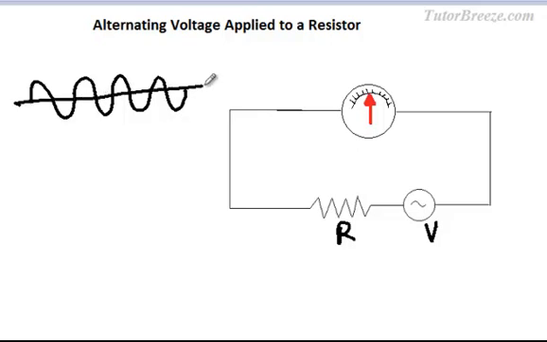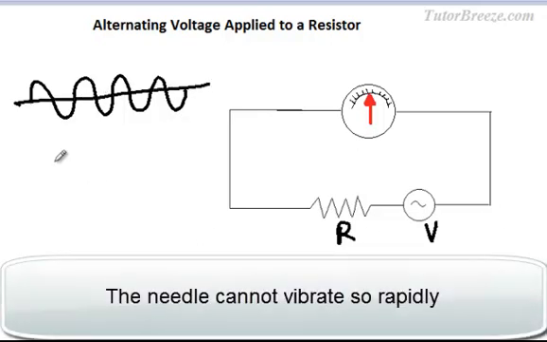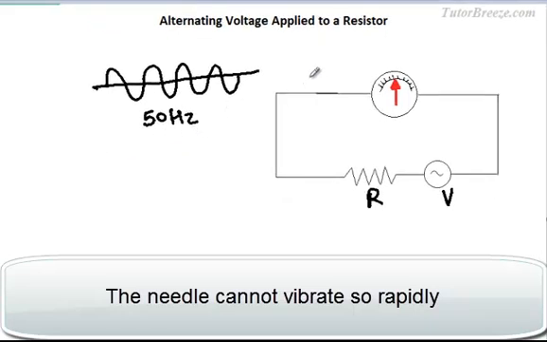Let us say that this alternating voltage has a frequency of 50 Hertz. This means that the needle is going to vibrate rapidly 50 times in a second. The pointer is not going to vibrate that fast, so it appears not to move at all.